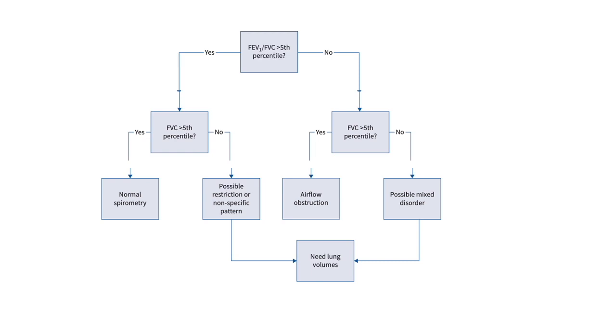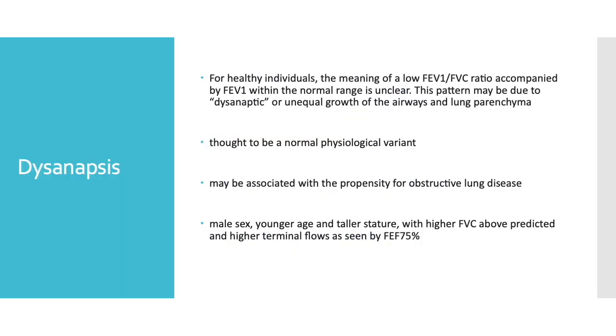Keeping this in mind, there are several deviations from this rule, and one of these, the new term, is dysanapsis. What dysanapsis means is that in case we take a healthy individual and we get a lower FEV1 on FVC ratio, along with an FEV1 which is nearly normal, then we would not know what to interpret out of it.